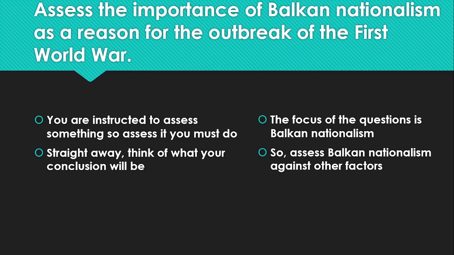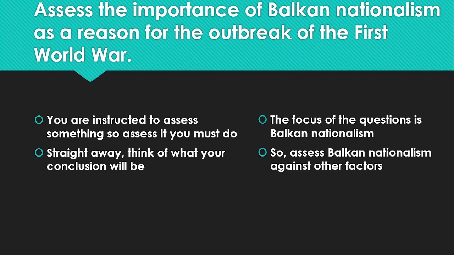The Balkans is, in my view, at the heart of any explanation for World War I, both long-term and short-term. Your view might be different, but that's mine. But you must first assess Balkan nationalism in the context of a weakening Ottoman Empire and against Austro-Hungarian as well as Russian foreign policy.